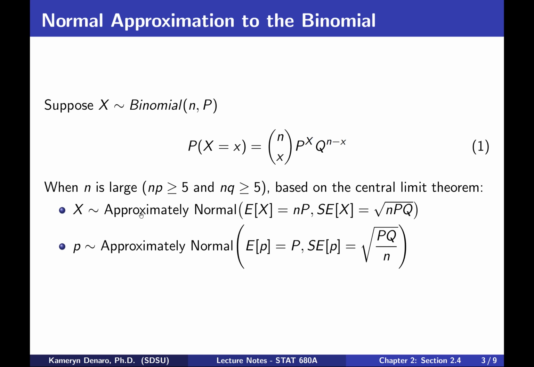Based on the central limit theorem, X follows approximately a normal distribution with a mean of np and a standard error of the square root of npq. And p-hat follows approximately a normal distribution with the expected value being p and the standard error being the square root of pq over n.